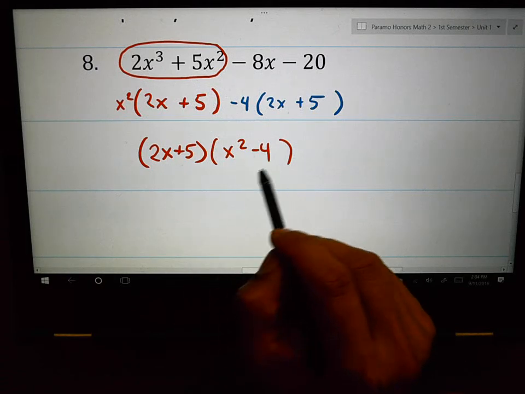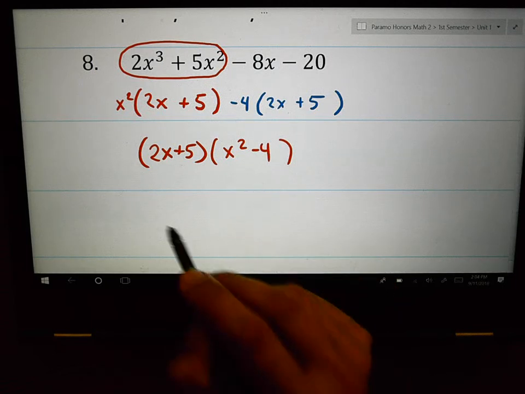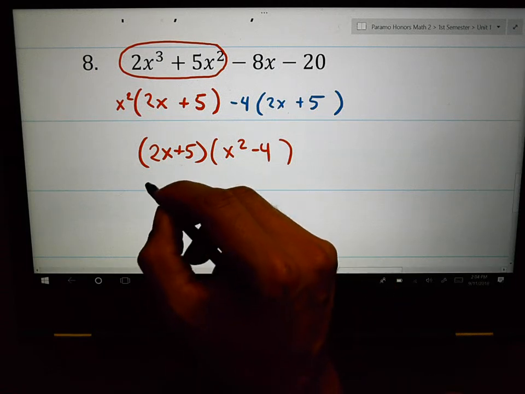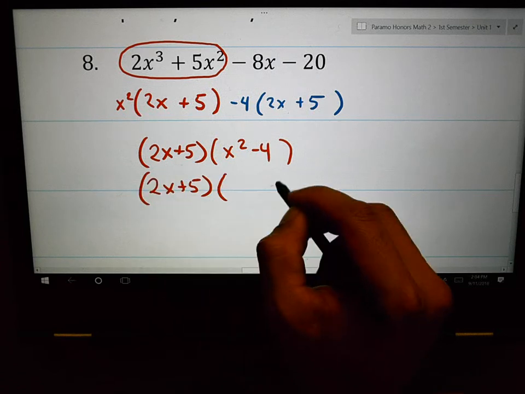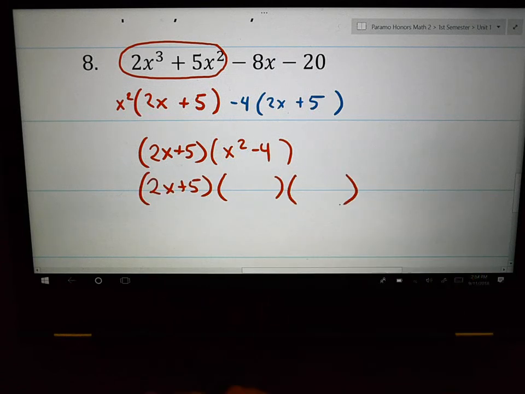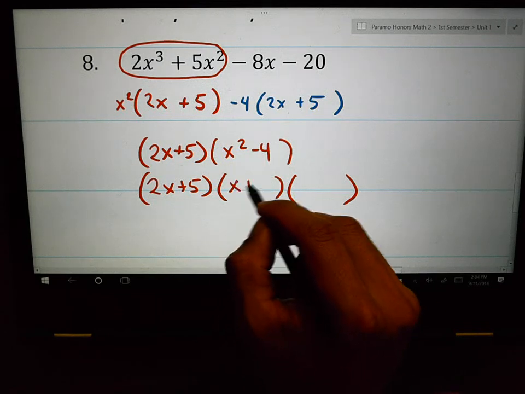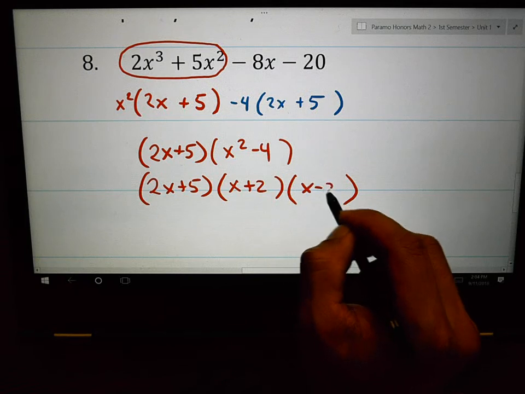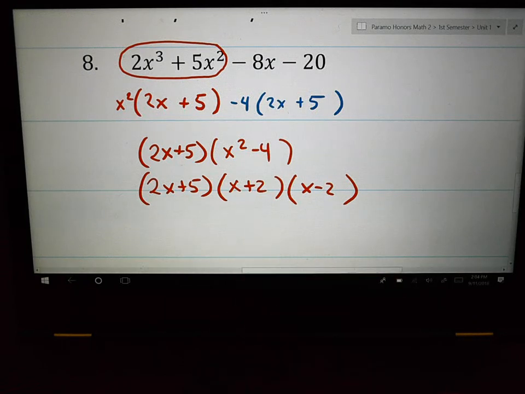This is a difference of squares. What does it factor to? To what? One group of addition, one group of subtraction, x plus 2 times x minus 2, or vice versa.